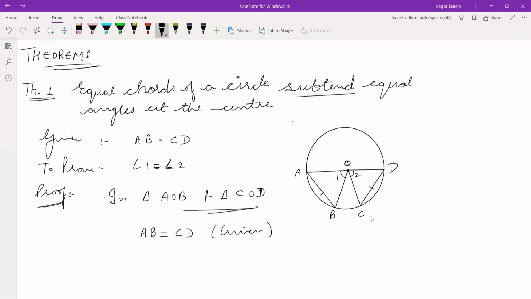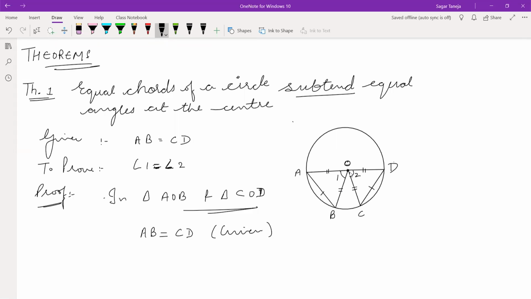Yes, we have to write reasons. Okay, AB and CD are equal. And after that, see it carefully. This is radius. This is radius. This is also radius, and this is also radius.